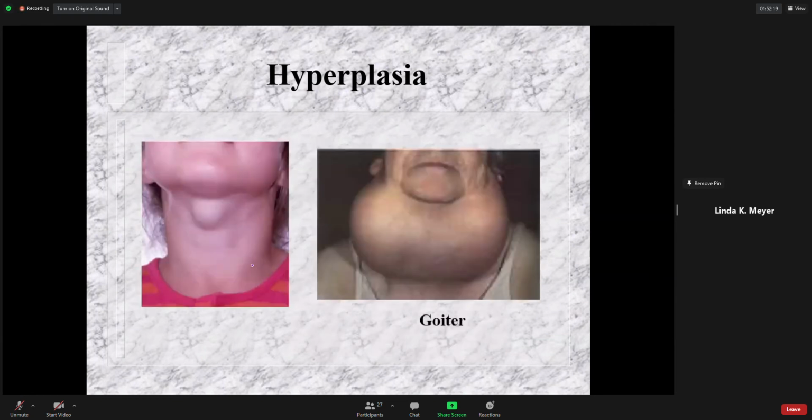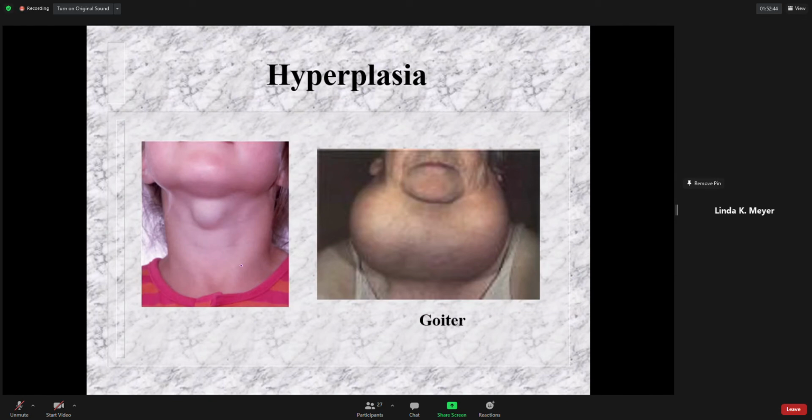Goiter is enlargement of the thyroid gland. Goiters can occur, it kind of gets confusing, but it can from an underactive thyroid. It's trying to compensate and enlarges without being effective.